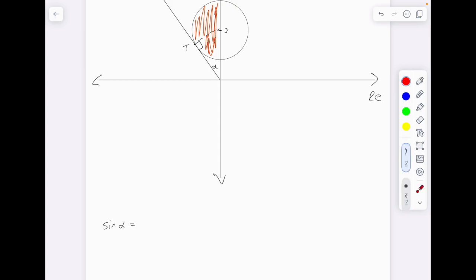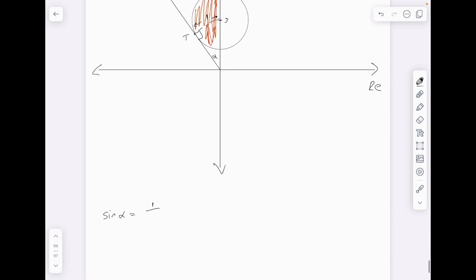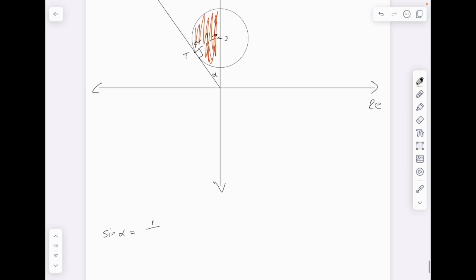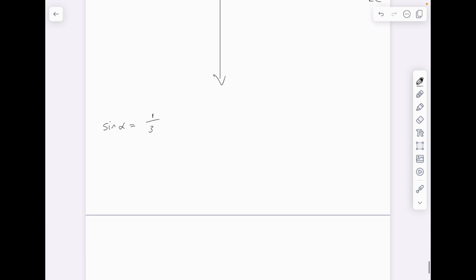Opposite. What's opposite? That's 1 over hypotenuse. What's the hypotenuse? 3. Perfect. And so if we find alpha now, alpha is therefore going to equal 0.34 radians.